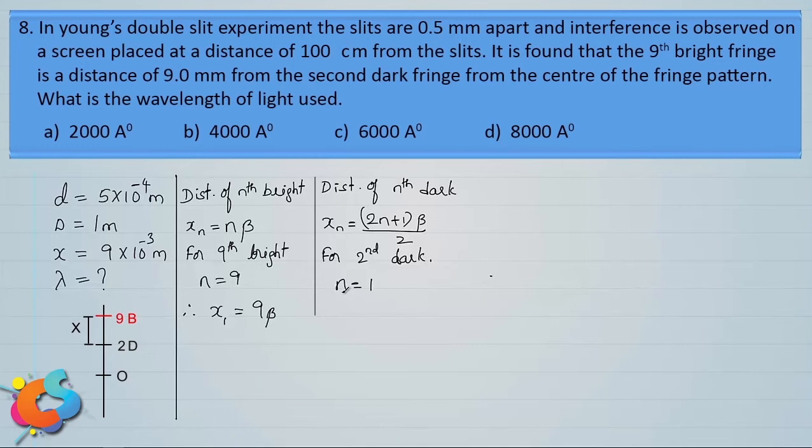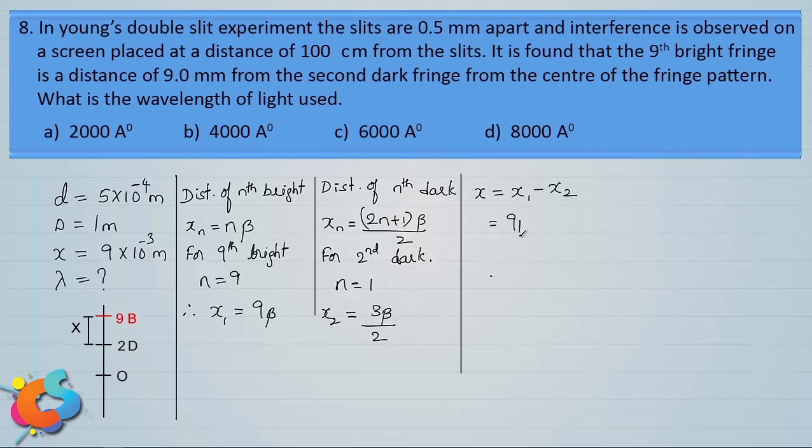Now substituting, let me call it x2, since the distance of bright is taken as x1, the distance of dark is taken to be x2, which is 3 beta by 2, on substituting 1 in place of n. Now, what is the gap between these two fringes? One is at a distance 9 beta from the center, the other is at a distance of 3 beta by 2 from the center. In order to know the separation between these two, you can call it either delta x or simply x, which is written as x1 minus x2.